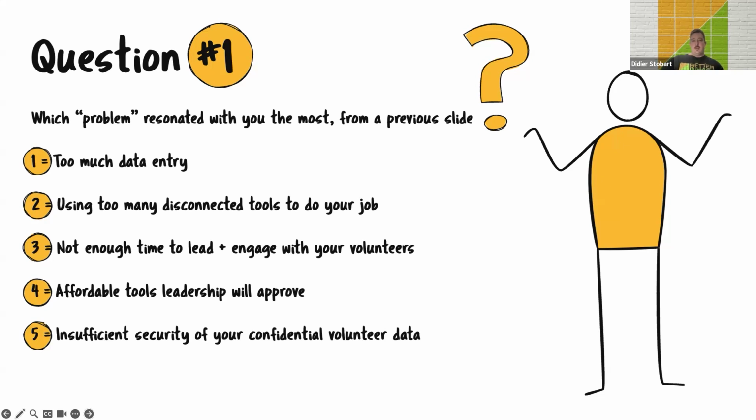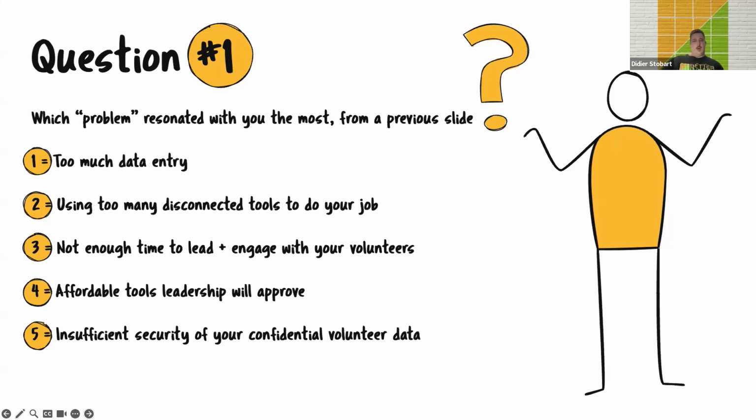So most of you have been having issues with number two, using too many disconnected tools to do your job. That's a really interesting perspective. I've definitely been there myself. You might be using 4 or 5 different software suites or software tools to do your job, but that can be really hard, trying to do everything in different systems and trying to manage that data.